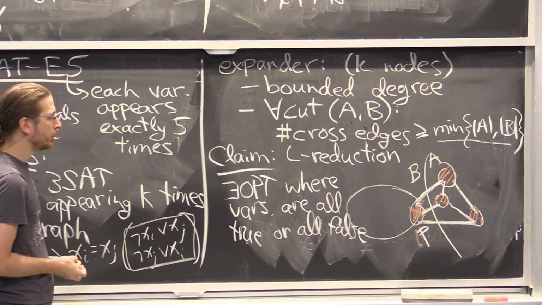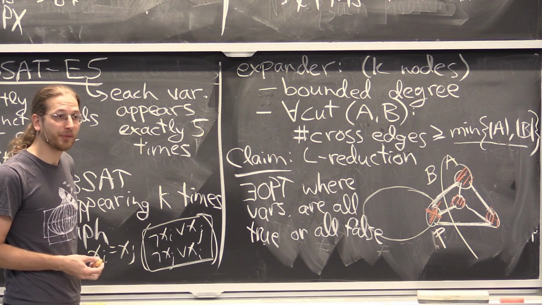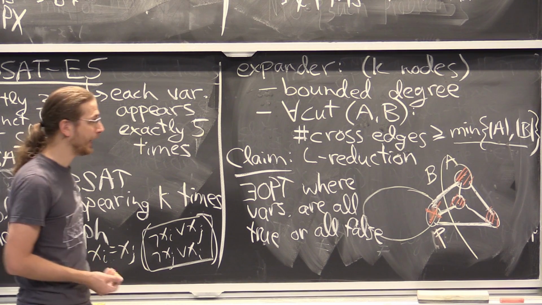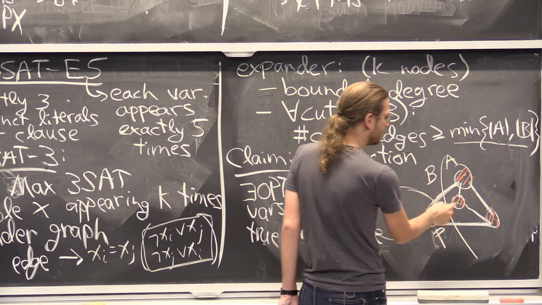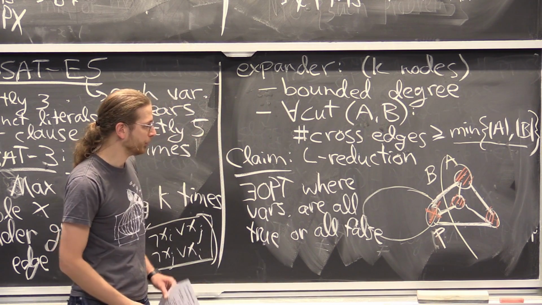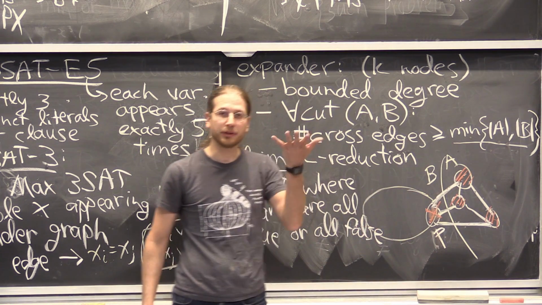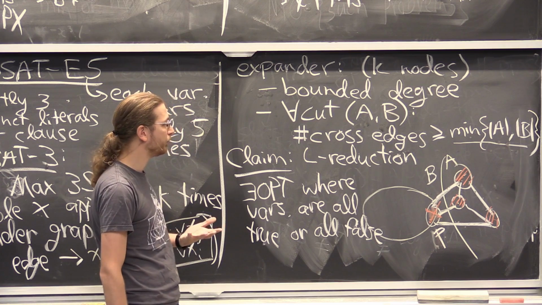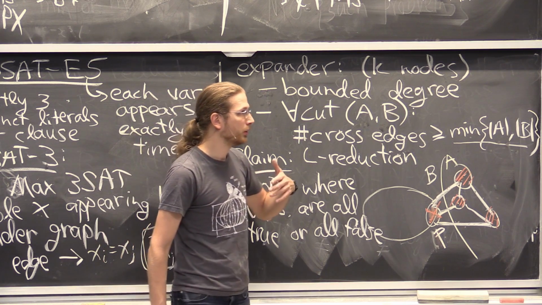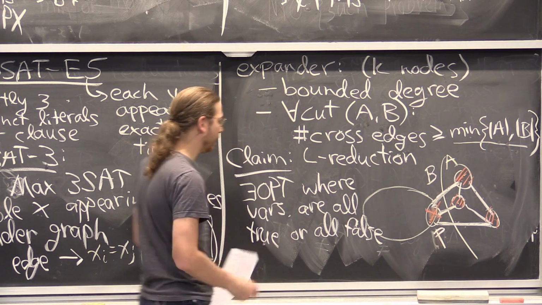Now, we do change the value of opt here because we added a ton of constraints. And we just said, well, in the optimal solution, or an optimal solution, in fact, all of these constraints will be satisfied, which means opt has increased. So the opt for x prime is going to be larger than the opt for x.